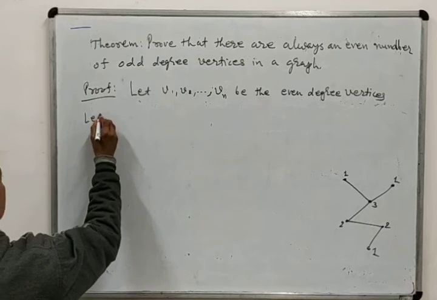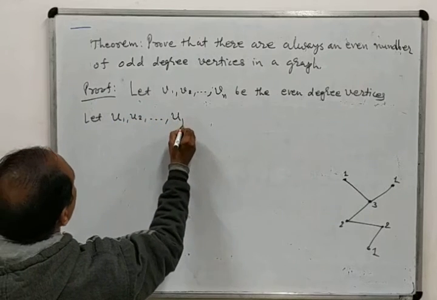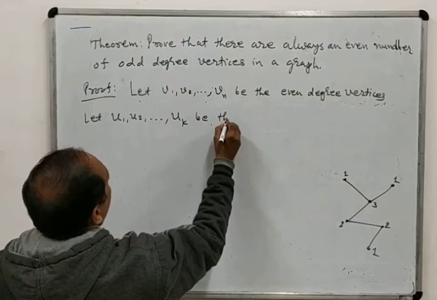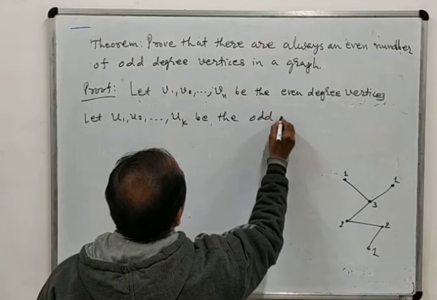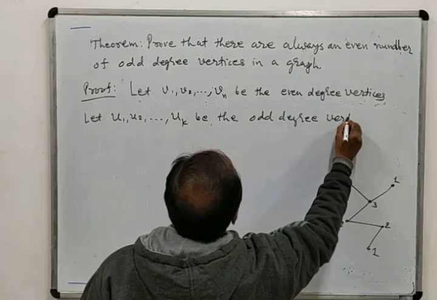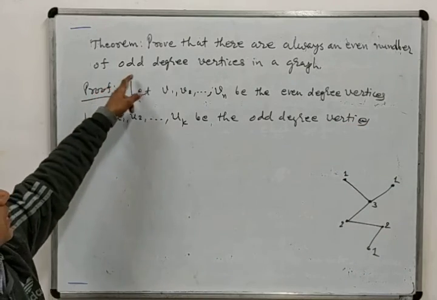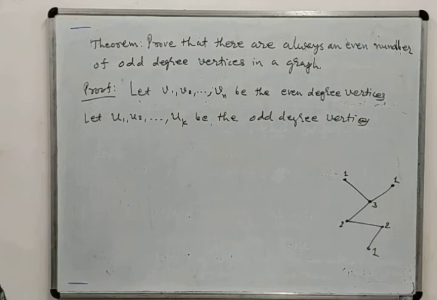And let U1, U2, ..., Uk be the odd degree vertices. The proof is very simple. We want to prove that the number of odd degree vertices is always even.